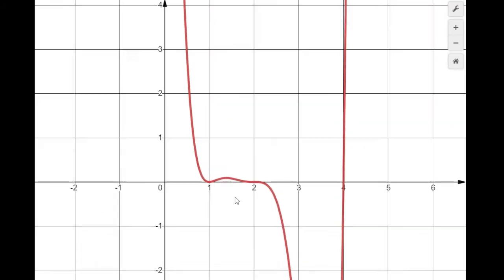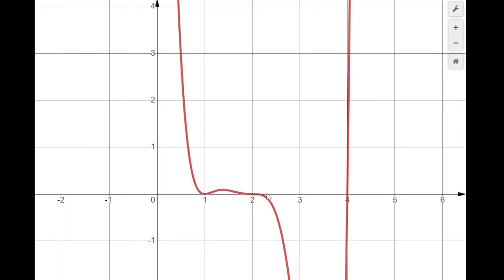We want to be above the x-axis. So anywhere here is above the x-axis: x greater than 4 or x less than 2. But this time we also want to include these zeros. As far as the sign chart, we have the interval from minus infinity to 1 and another interval from 1 to 2, and we can union them together and join them as one interval.